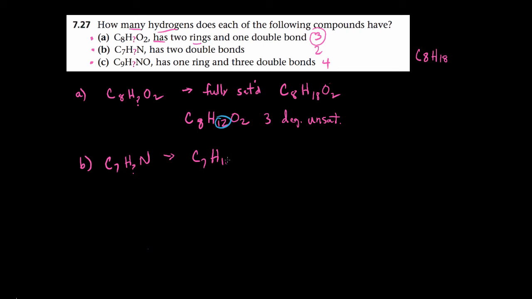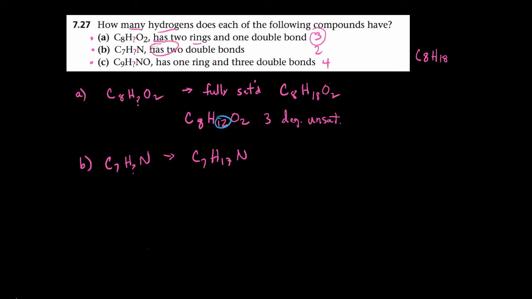The fully saturated parent without a nitrogen is C7H16, with 1 nitrogen is C7H17N. So for every nitrogen, we would add a hydrogen to the molecular formula.